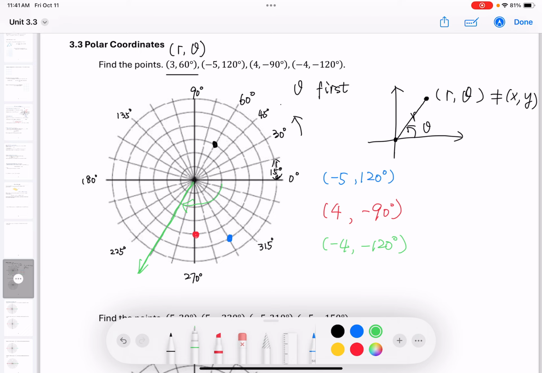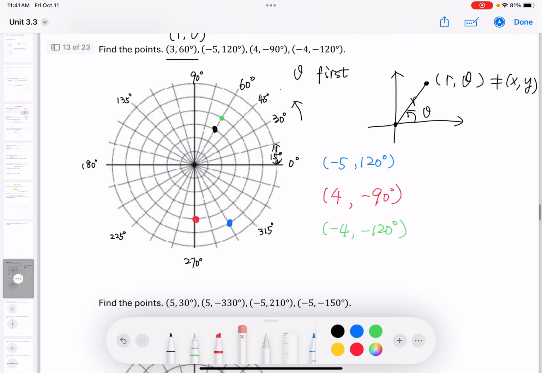So let's find 4 first: 1, 2, 3, 4 is a point here, and then I'm going backwards: 1, 2, 3, 4. Okay, the green point, the last point, is here. We can erase the helping information. So we found the 4 points on the polar coordinates.